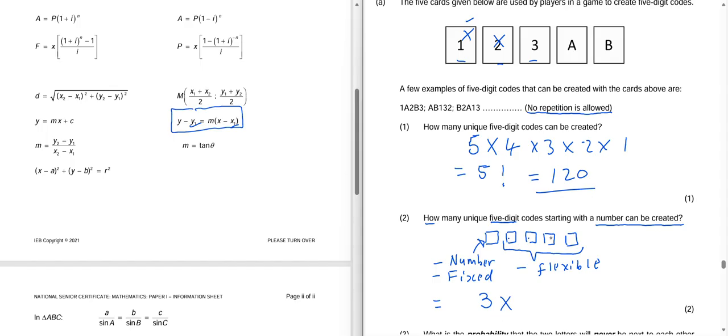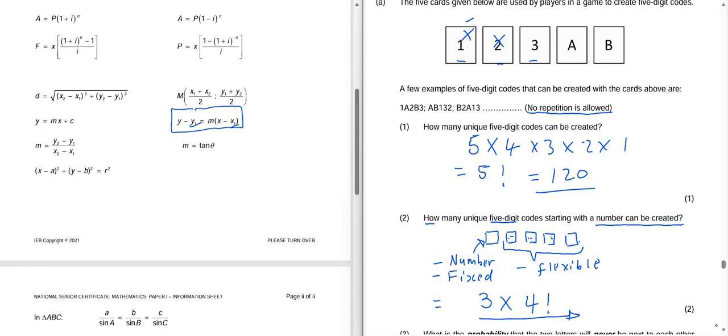We have 4 positions, but those 4 positions are flexible. So you want to form unique 4 codes there, and that will be 4 factorial. That's 1, 2, 3, 4 flexible things. So that's 4 factorial.